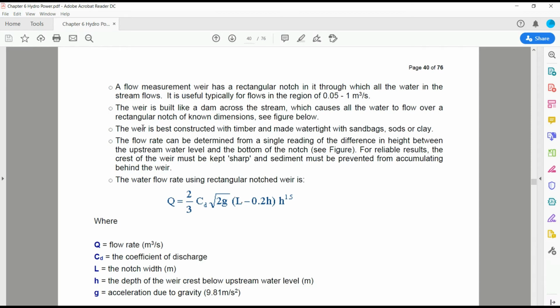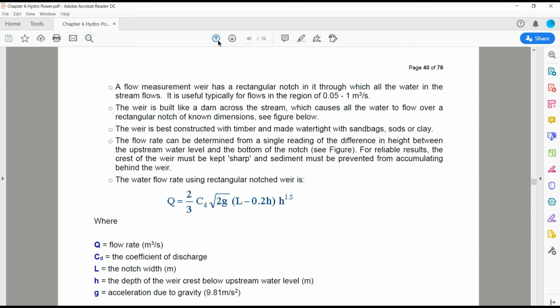The weir is best constructed with timber and made watertight with sandbag, salt or clay. So the water flow rate can be determined from a single reading of the difference in height between the upstream water level and the bottom of the notch.